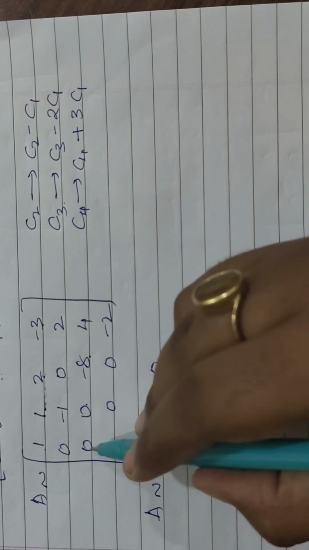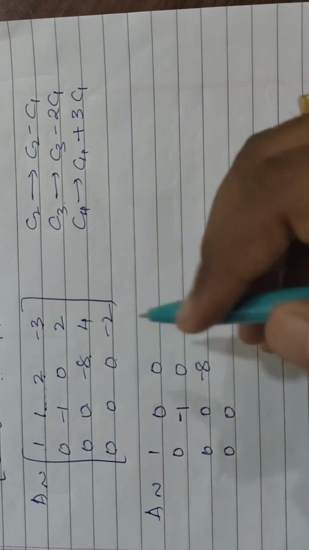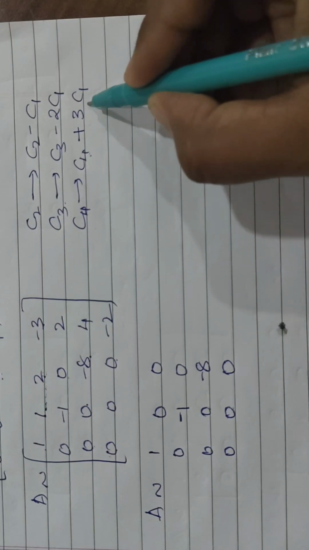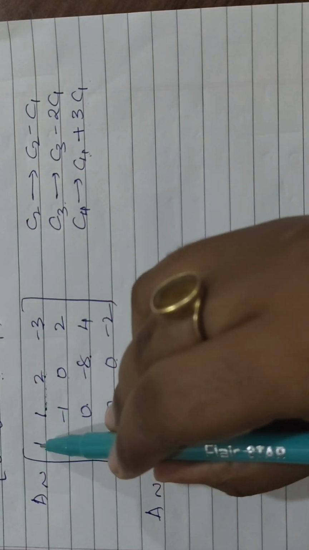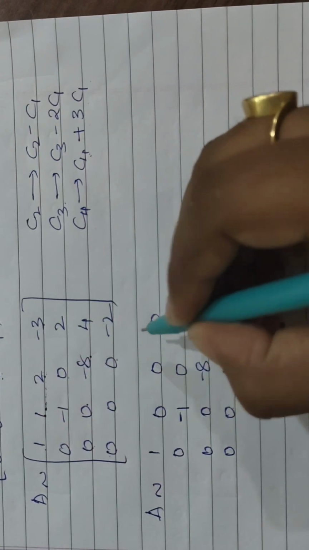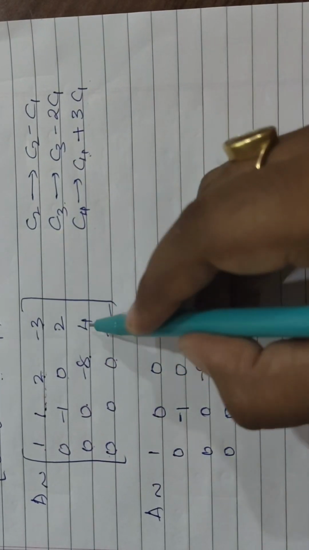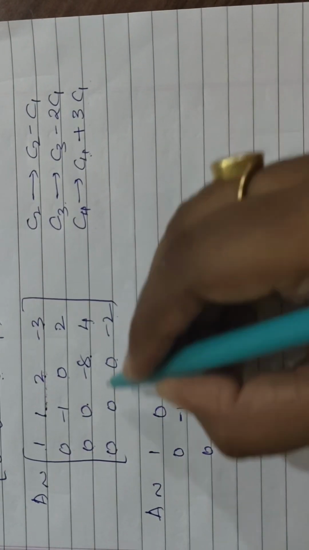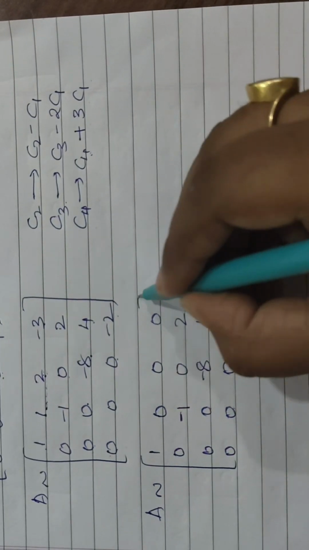Minus 8 minus 2 into 0. 0 minus 0. Next, C4 is C4 plus 3 into C1. So minus 3 plus 3 into 1, 0. 2 plus 3 into 0. 4 plus 3 into 0. Minus 2 plus 3 into 0. So we'll get like this.